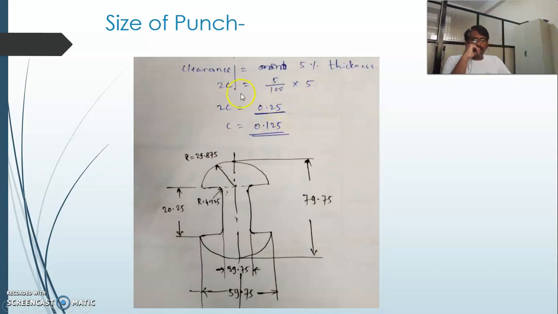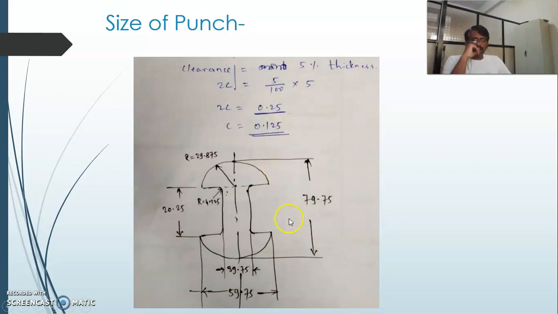So if we divide 2C by 2, we get the value of C as 0.125 mm. This much clearance we should provide for one side, and twice this considering both sides.